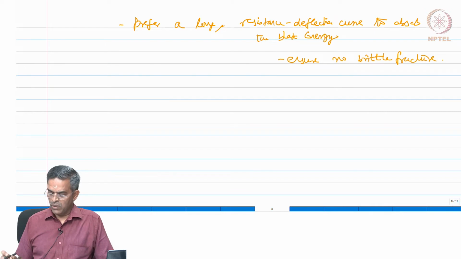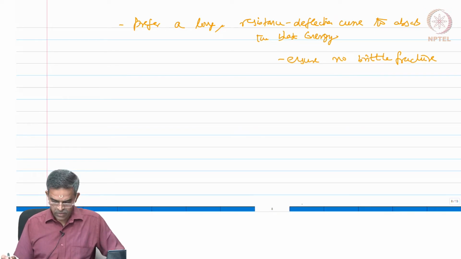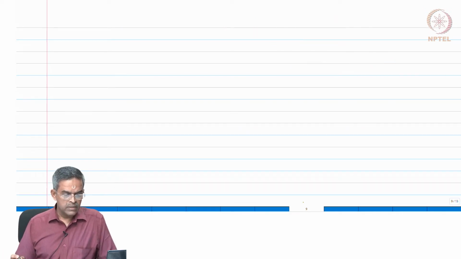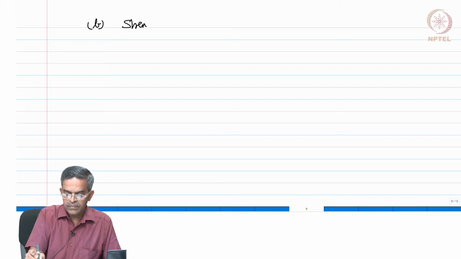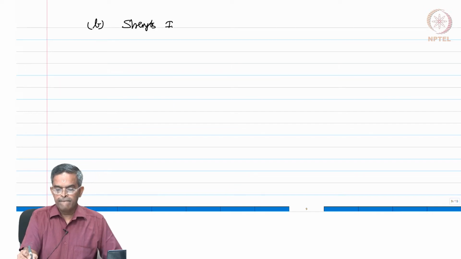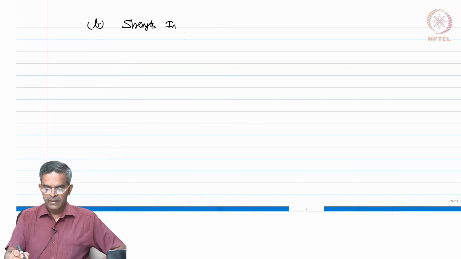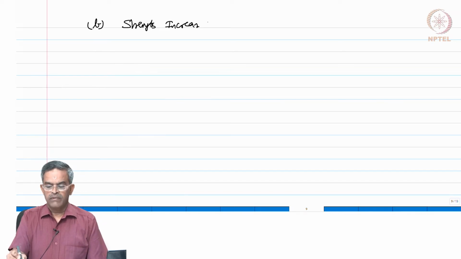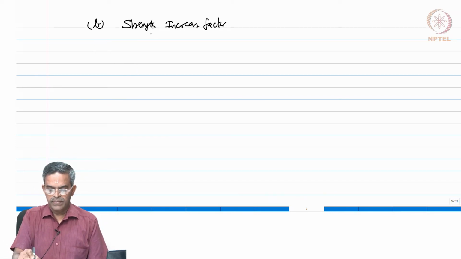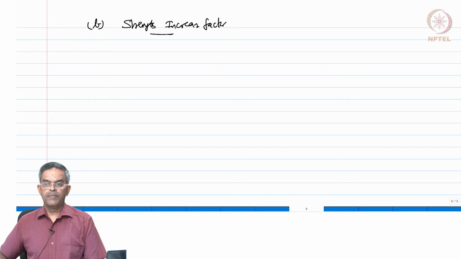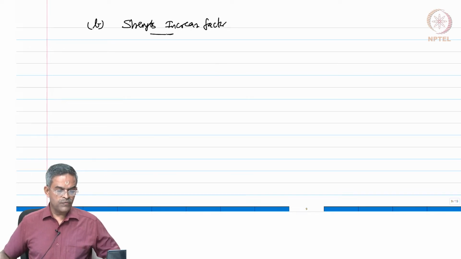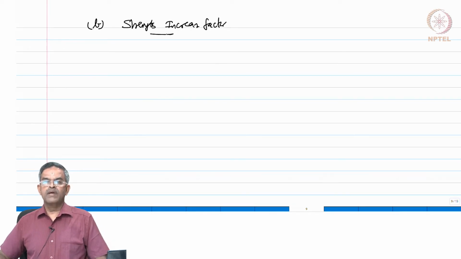Now, let us talk about something called strength increase factor. In practice, the average yield strength of the material is approximately 250% greater than the specified minimum values.